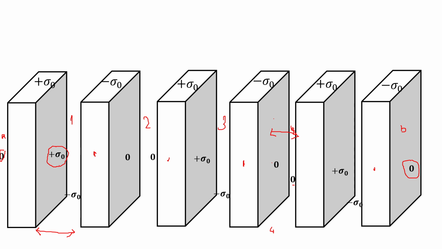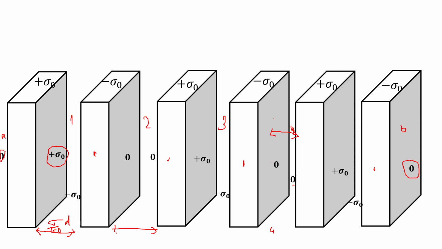So the potential difference between these two plates will be sigma by epsilon naught into d, and this value comes out to be 1 volt. So this is plus 1 volt. In this case there is no electric field, so no drop.